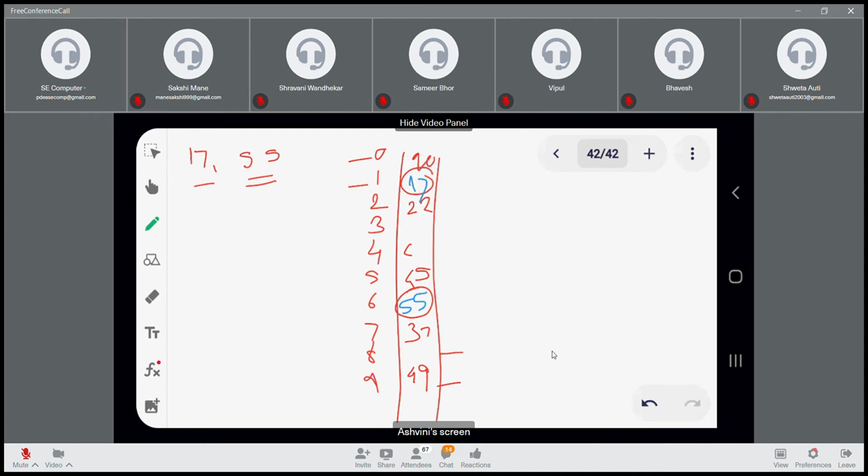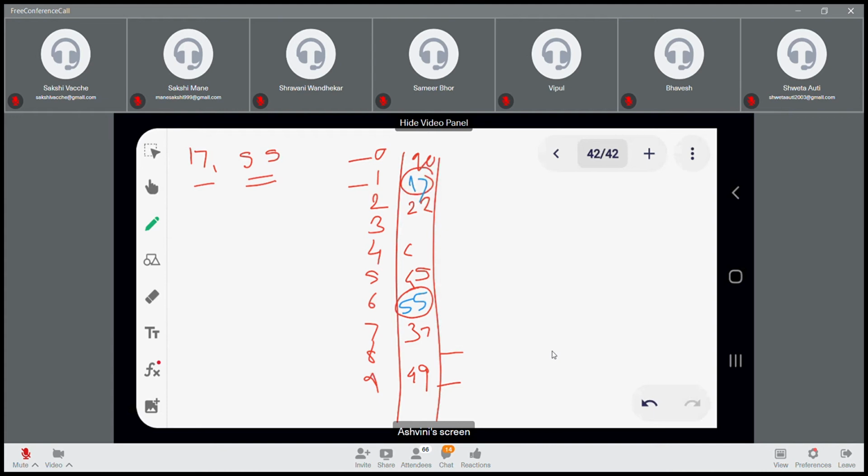Yes, ma'am. Okay. Now let's see some comparison points of quadratic probing and double hashing. Double hashing requires another hash function, which is required for handling random collisions.